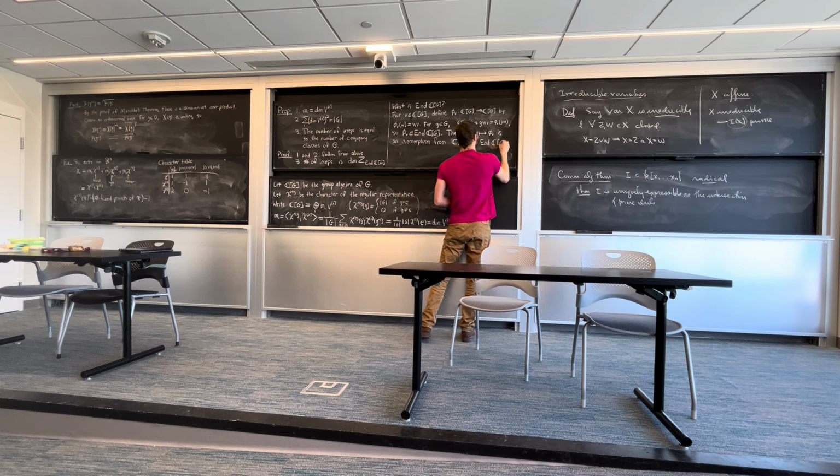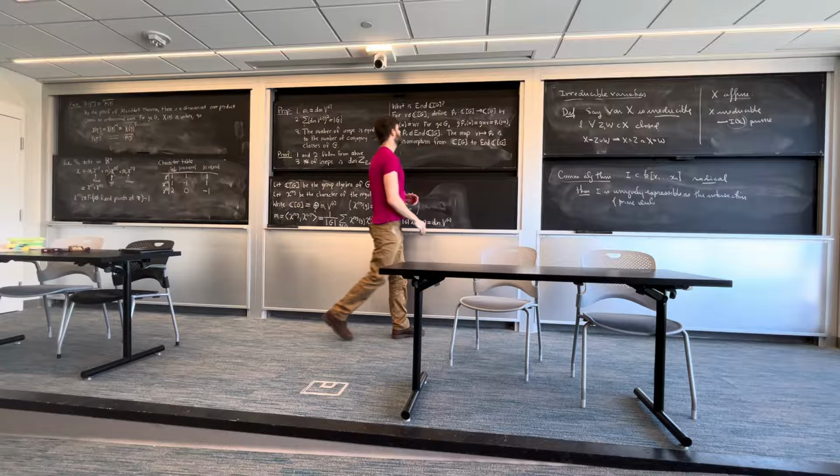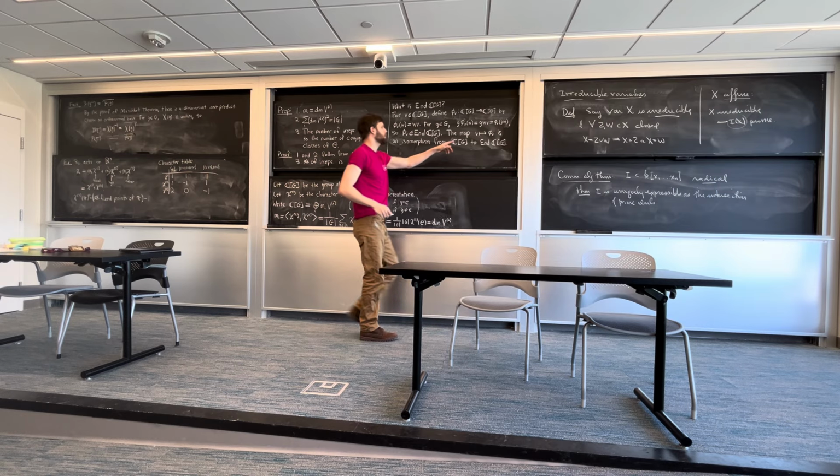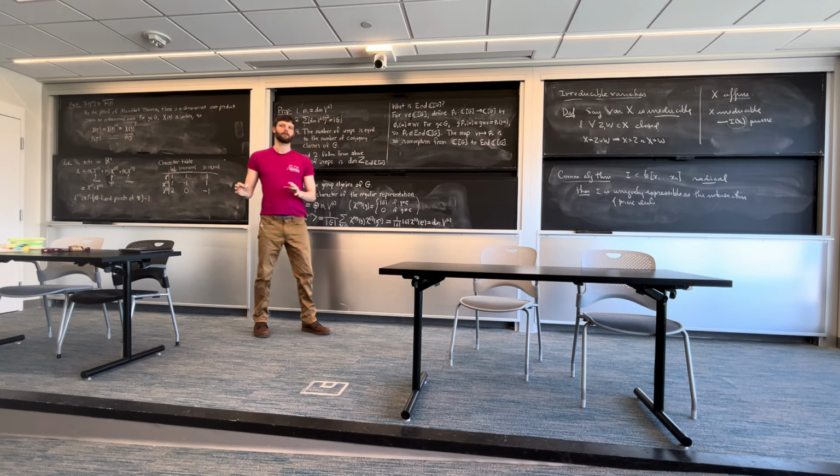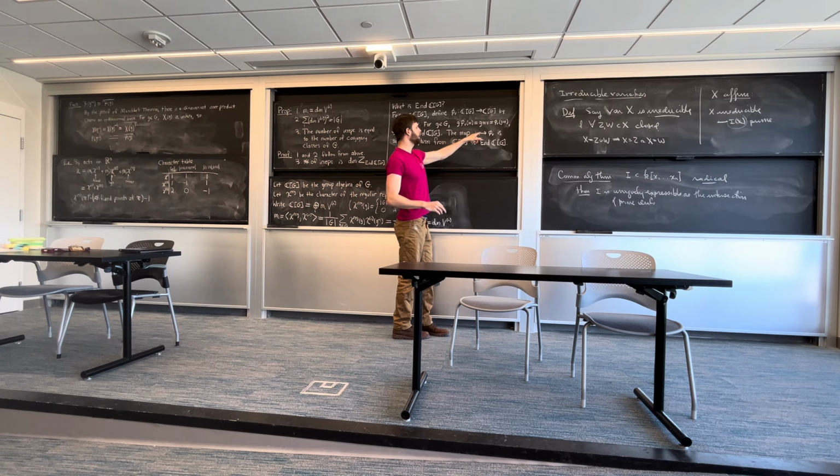Okay, so it's a little confusing, I guess, when you say it, but it turns out that the endomorphism algebra of the group algebra is isomorphic to the group algebra. And this is the explicit isomorphism.